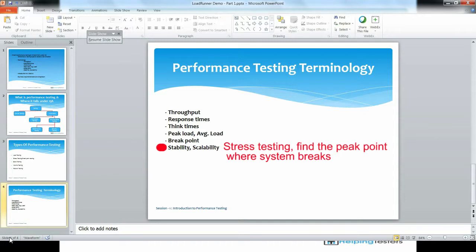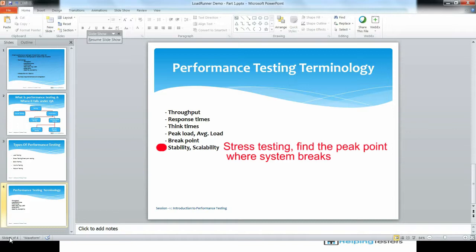Vertical scalability means we are increasing the capacity of the hardware. We are not changing the number of systems, we keep it constant and increase the capacity of the system, for example increasing the CPU, RAM, hard disk or the network. This is vertical scalability.